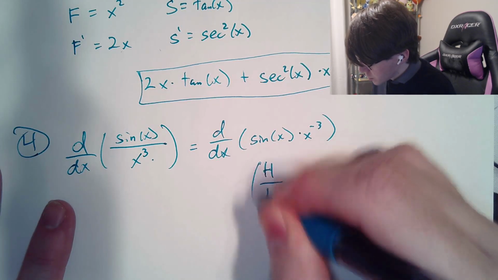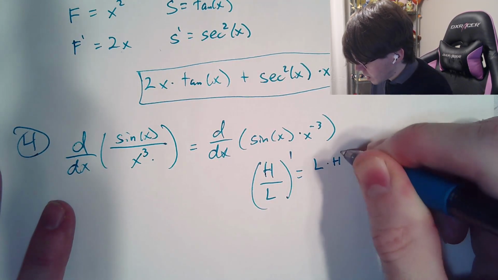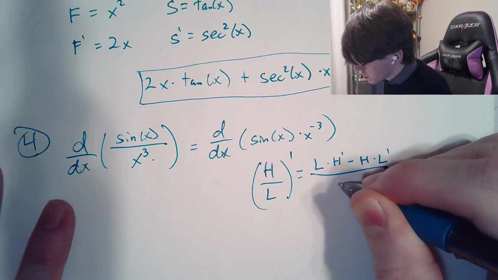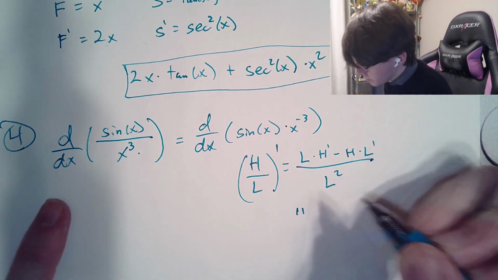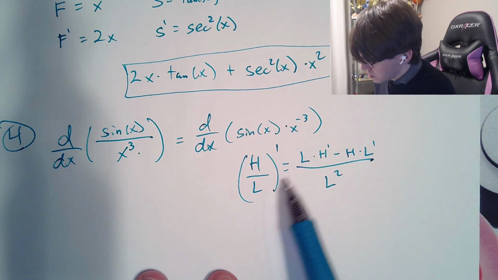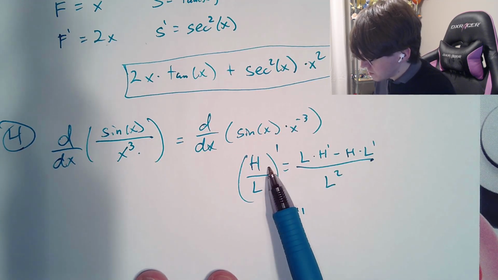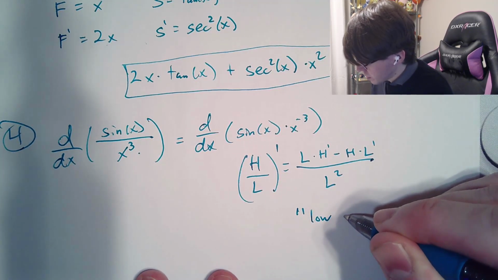But if you have a high and a low function, you're taking the derivative. It is going to be low d high minus high d low over low low. What in the world am I talking about here? Well, it's the low function times the derivative of the function on the top, minus the high function times the derivative of the low function. So that's how I memorize it, with this mnemonic device.